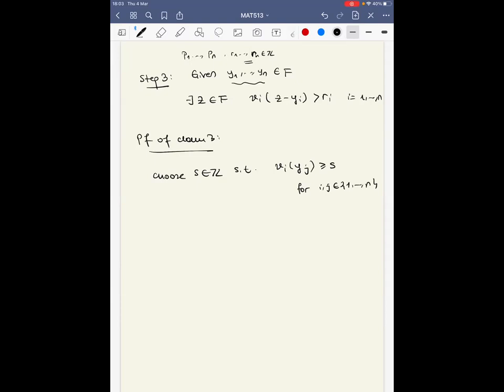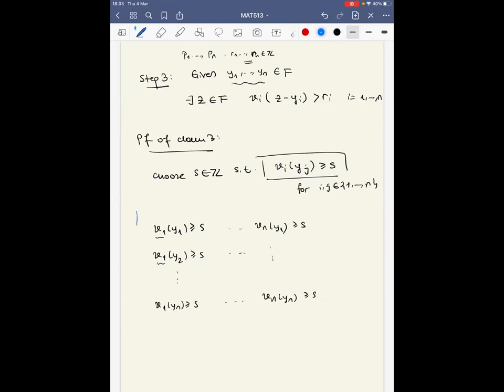Or more explicitly, for each i and j, if you write this condition explicitly, since each valuation of the functions is an integer, it is always possible to find the integer S that will be a lower bound for these integers.